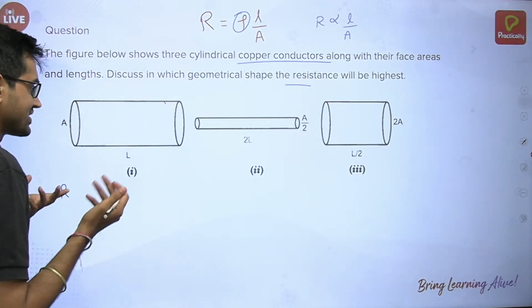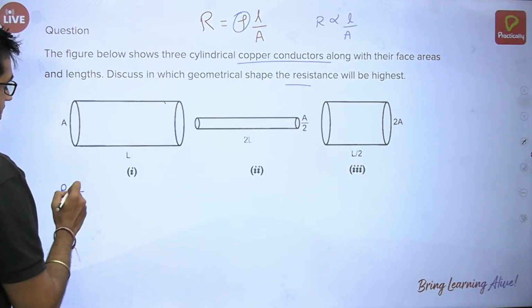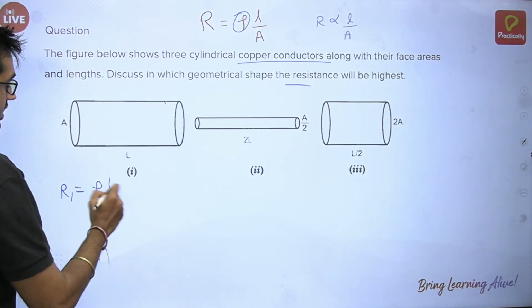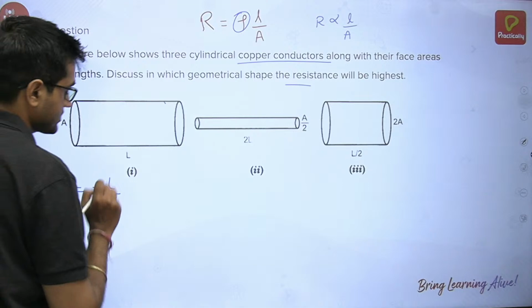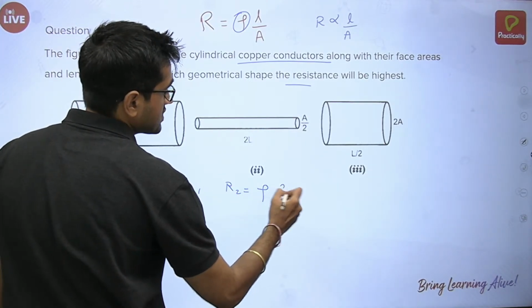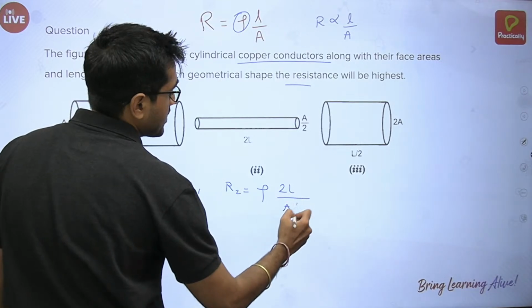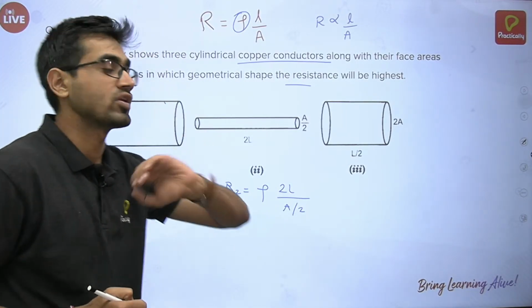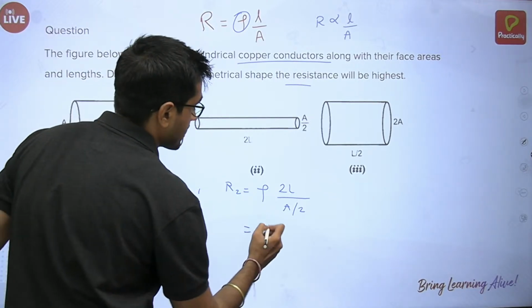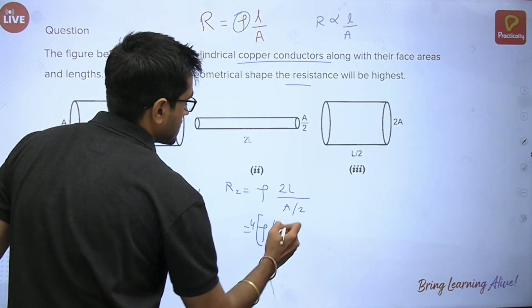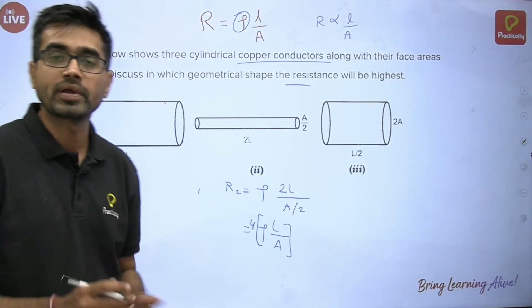Fine. तो करते हैं इसको. Now R1 in the first case is nothing but rho, length is L, area is A. In this case R2 is nothing but rho, length is 2L, area is A by 2. Now because this 2 is in the denominator, it will go into the numerator, so it will be rho L by A 4 times, because 2 into 2 will become 4.